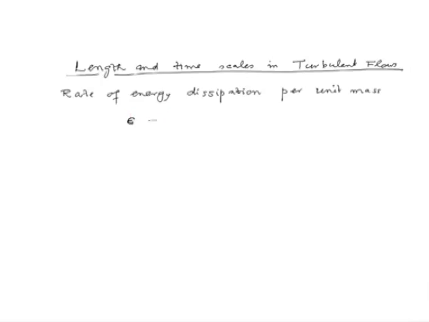So, epsilon is given by 2 nu Sij Sij. So, Sij into Sij, we have already been through this tensor. It is a scalar product of the second order tensor.